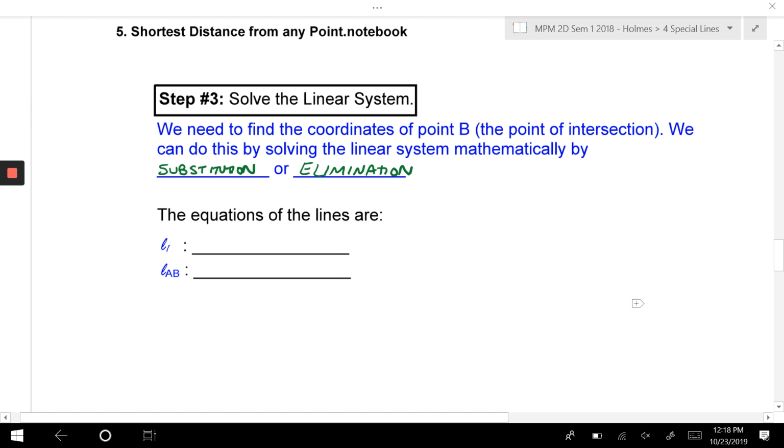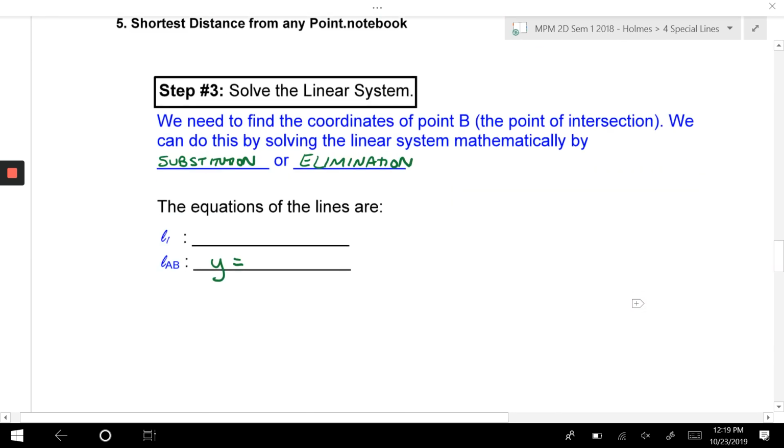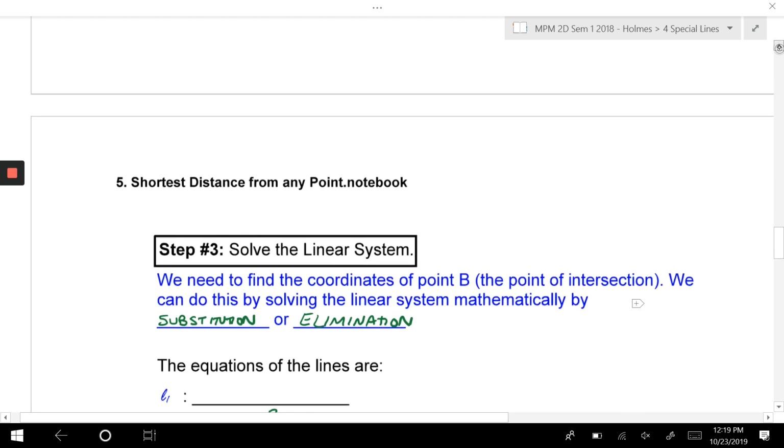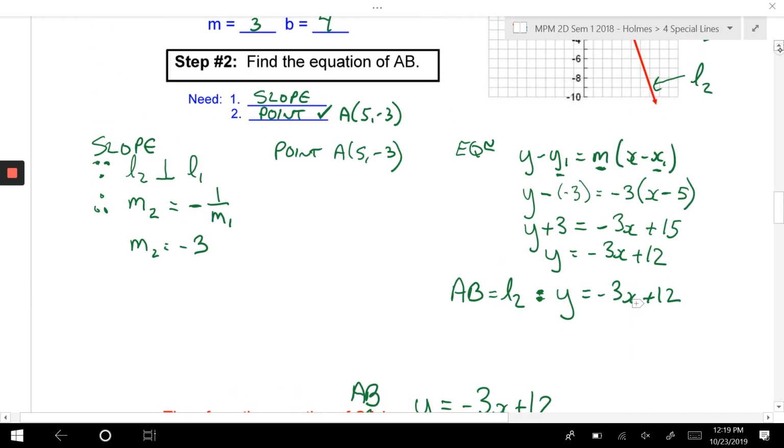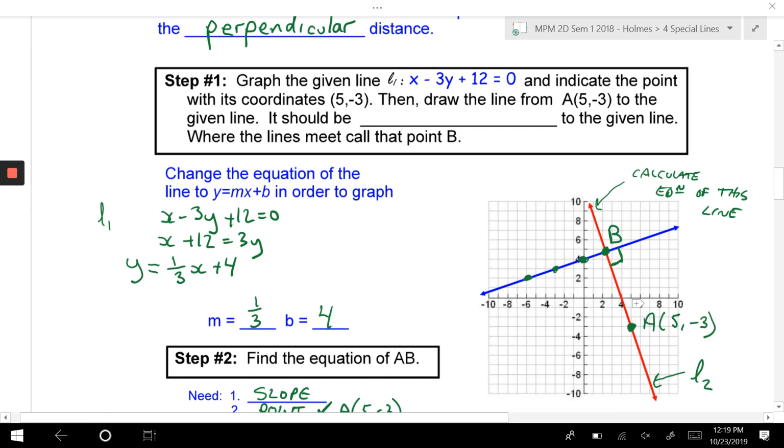The equations of our lines, line AB was y equals negative 3x plus 12. And line 1. So just a small point here. Line 1, we've got basically two line 1s, or two equations. We've got the original equation here, x minus 3y plus 12 equals 0, and we've got the equation that we've rearranged.